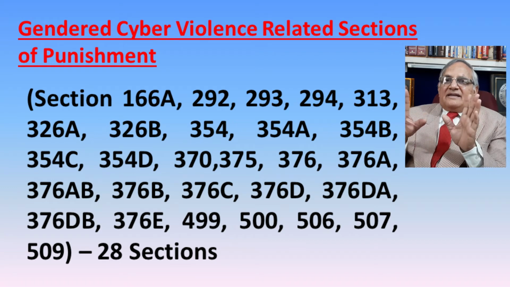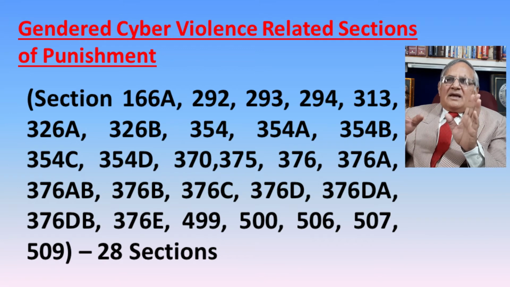The punishment on first conviction is not less than 1 year and may extend to 3 years. For a subsequent conviction, the imprisonment should not be less than 3 years and may extend to 7 years. That is voyeurism.